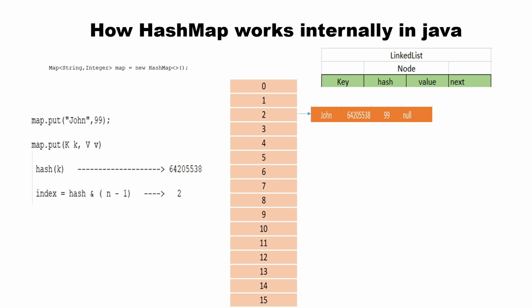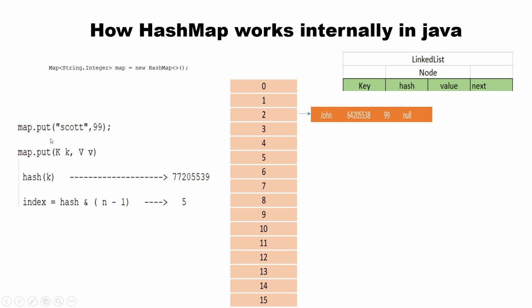And let's try to add one more object. This time we add the key as Scott and value is 99. Again when you call this put method, it calls the hashing function, takes the key as an argument and generates the hash value.